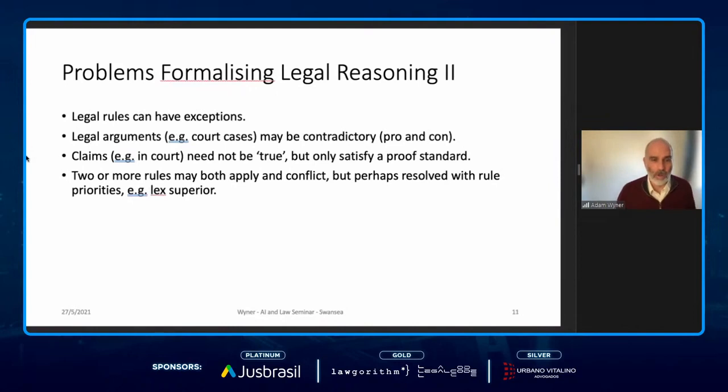I mentioned arguments already. Another aspect of legal reasoning that's problematic for strict logic is that legal arguments can and often are contradictory. So in an adversarial setting in court, one side argues against the other, and both sides may actually be calling one another a liar, right? Or saying the facts presented by one side are contradictory to the facts presented by the other side.